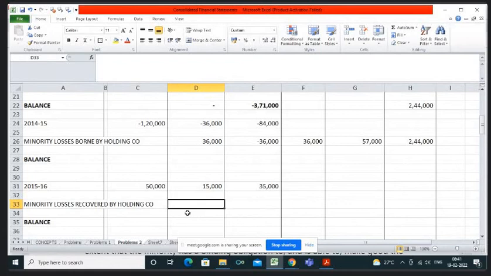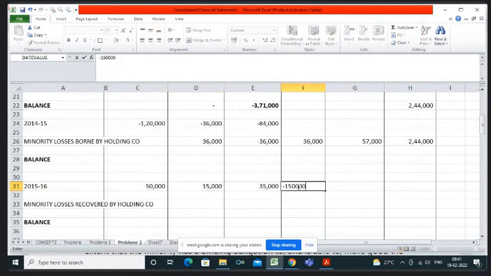Since we have already absorbed some amount, we have to reverse it. How much have we absorbed? Earlier we have absorbed an amount of up to 57,000, which we need to recover. Now how much are we recovering? We are going to recover only 15,000. So 15,000 is taken off. So the cumulative total also will come down by 15,000 from 57,000.